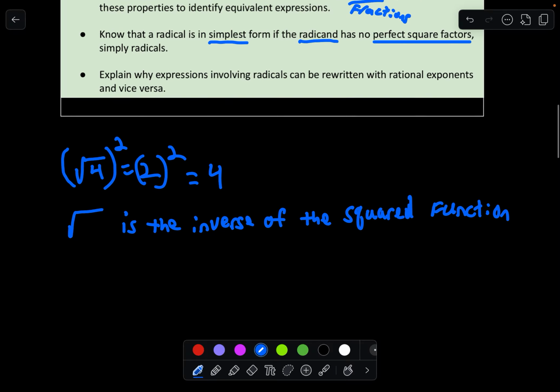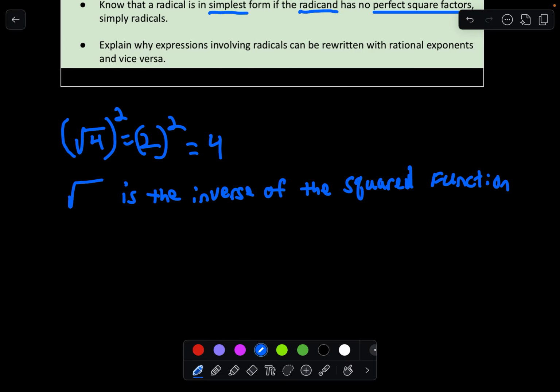Likewise, if we have 2 squared, and we take the square root of that, that equals 2. And so you can go either way. Either you square a square root, or you take the square root of a squared. They kill each other and just give you what's inside.